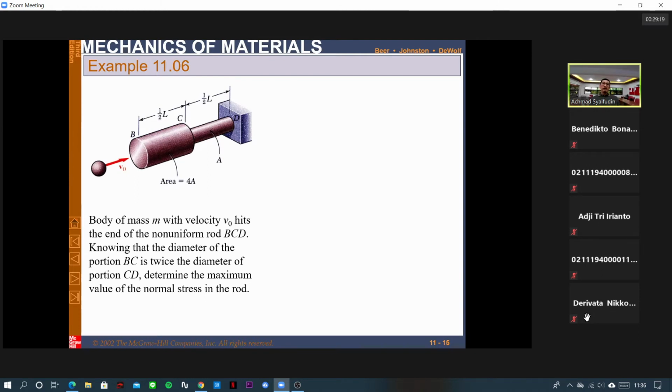This is one example for impact loading, and you can see here that there are different cross-sectional areas. So how can we determine the deformation?